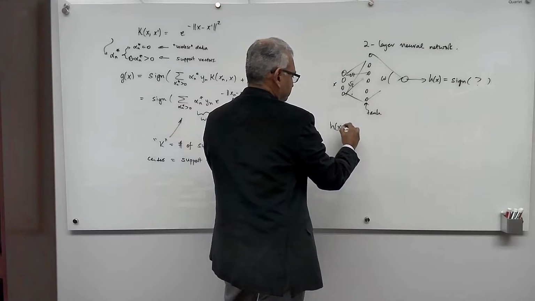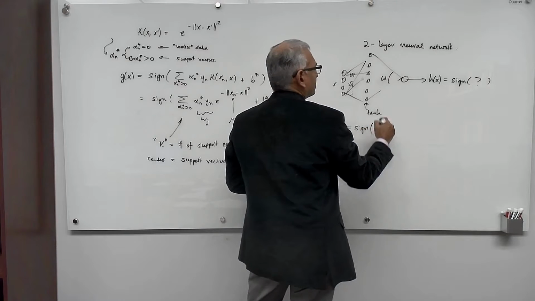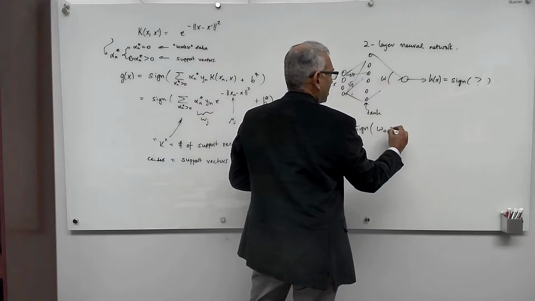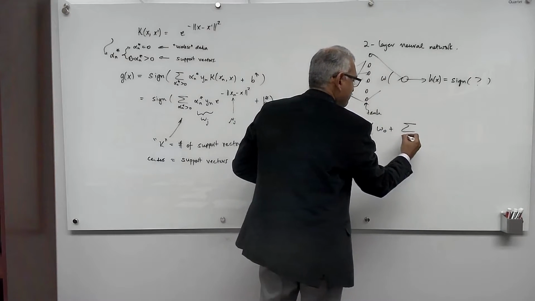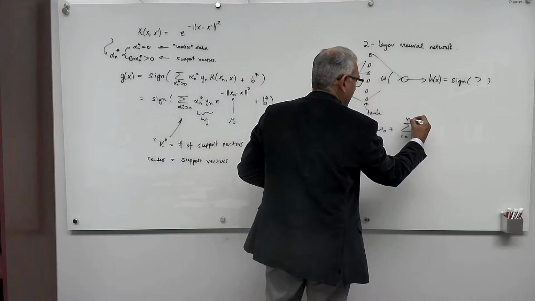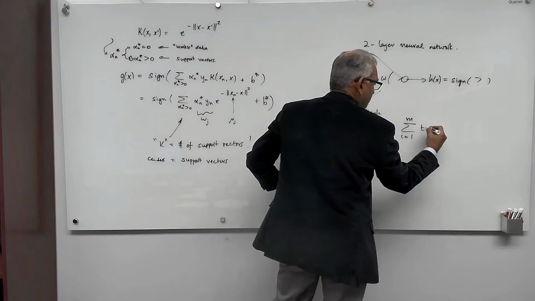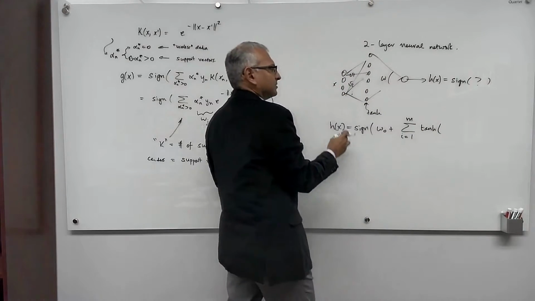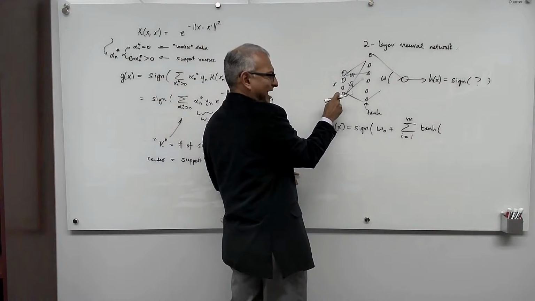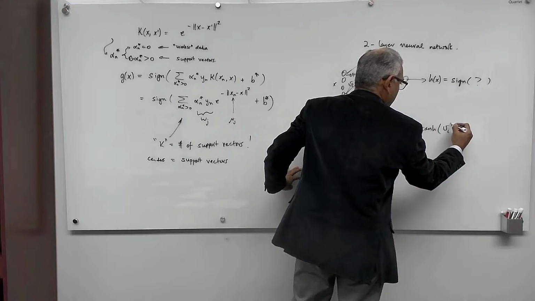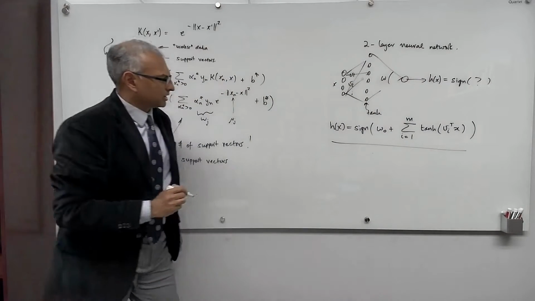So h of x is equal to the sine of a perceptron, W0 plus the sum from i equals 1 to m, the number of hidden units in this node, of the tanh, what's coming out of this node, of a perceptron evaluated on the input x, Vi transpose x. So this is the two-layer neural network.